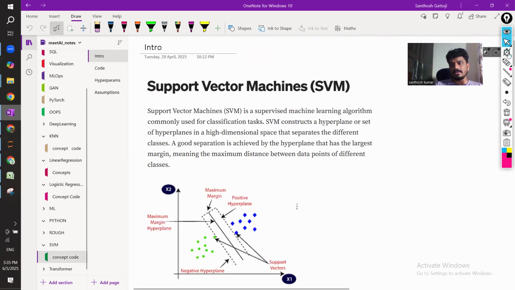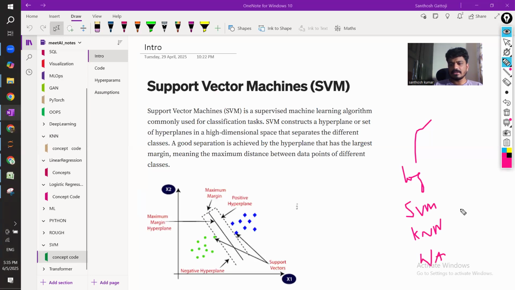As I said, on the classification side, we have many models, right? We have logistic regression, SVM, KNN, Naive Bayes, and then decision trees, from which we get random forest, AdaBoost, XGBoost, gradient boost, all these models.